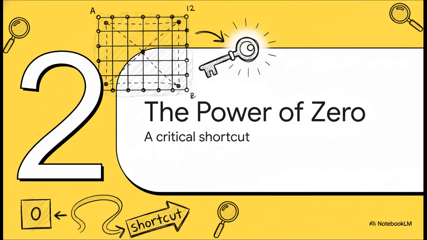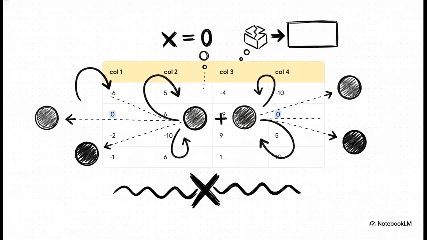A closer look at our matrix reveals something really special, a feature that's going to save us a ton of work. Take a look at the second row. See those two zeros? They are our secret weapon. Now remember, every single term we're supposed to calculate is a product of numbers multiplied together. And what happens when you multiply anything by 0? Well, the whole thing just becomes 0.